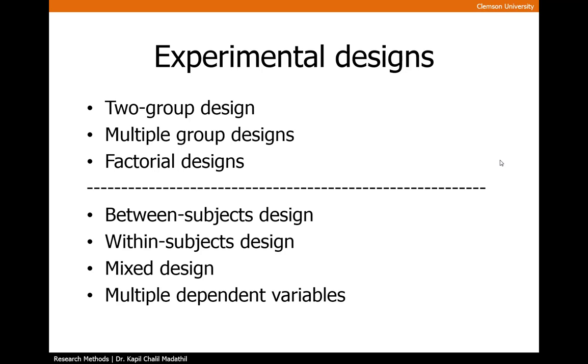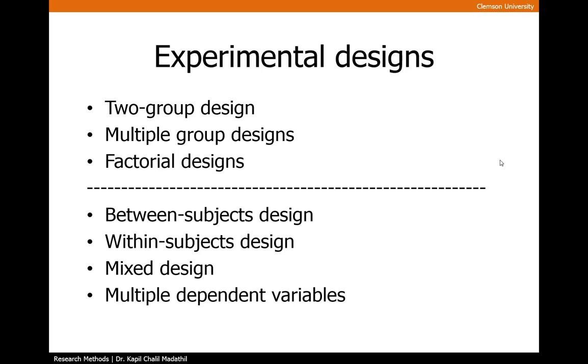So over here you have two independent variables. One is the usage of car phone and the other one is the traffic level. The independent variable traffic level has two conditions, driving in light traffic and driving in heavy traffic. And the usage of car phone independent variable has two levels, driving without using a car phone and driving by using a car phone.